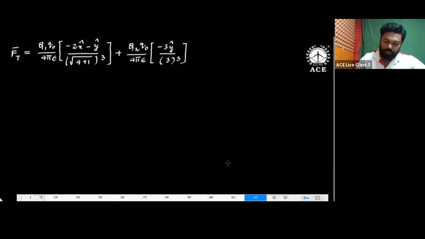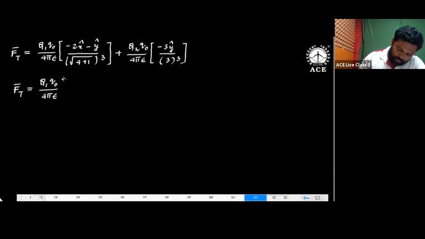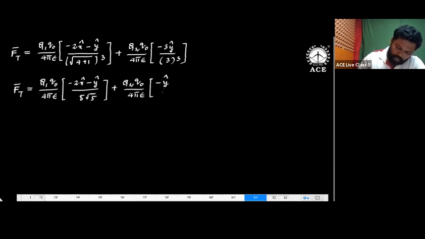Let me write one more step, beta. F total is equal to Q1 into Q0 divided by 4 pi epsilon, times minus 2x cap minus y cap divided by 5 root 5, plus Q2 into Q0 divided by 4 pi epsilon, times minus y cap by 9.